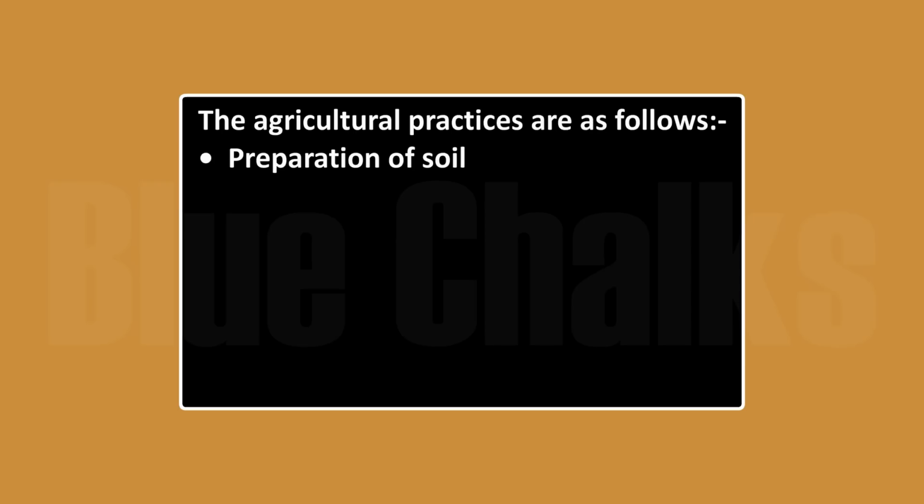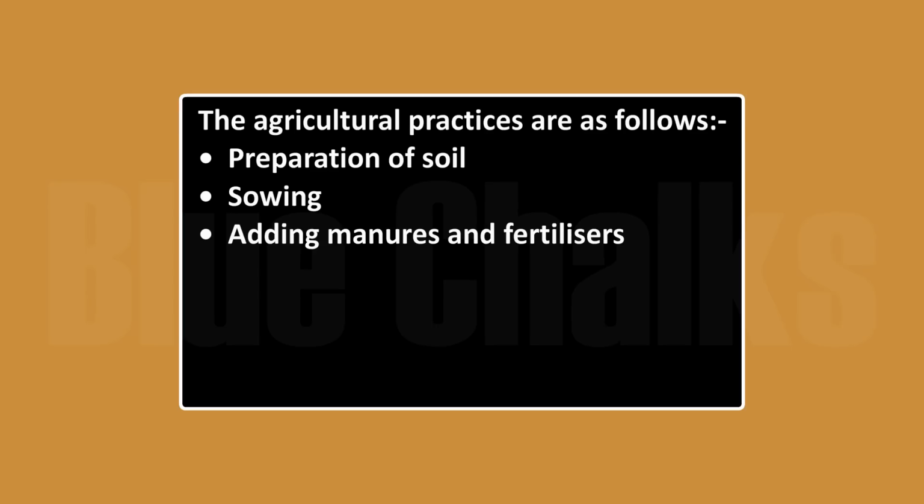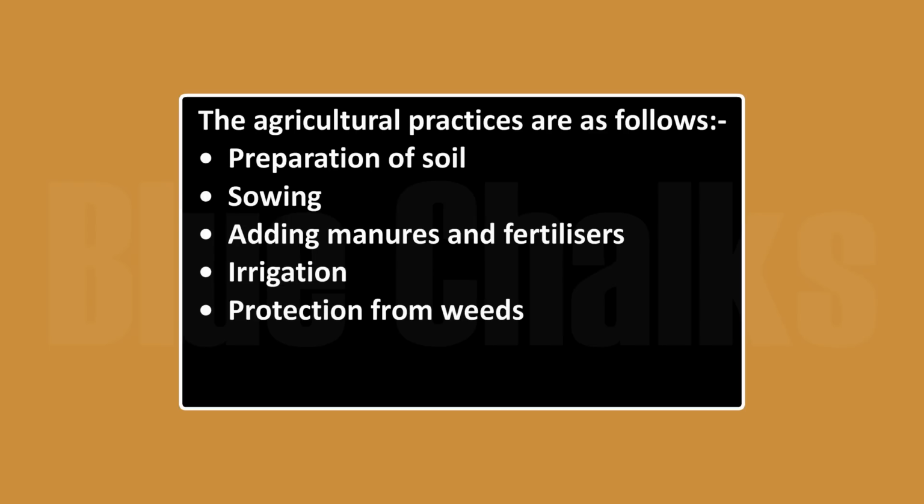The agricultural practices are as follows: preparation of soil, sowing, adding manures and fertilizers, irrigation, protection from weeds, harvesting, storage.